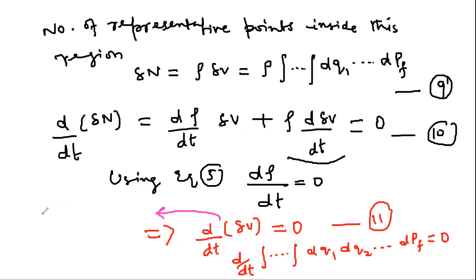It is called the principle of conservation of extension in phase space.